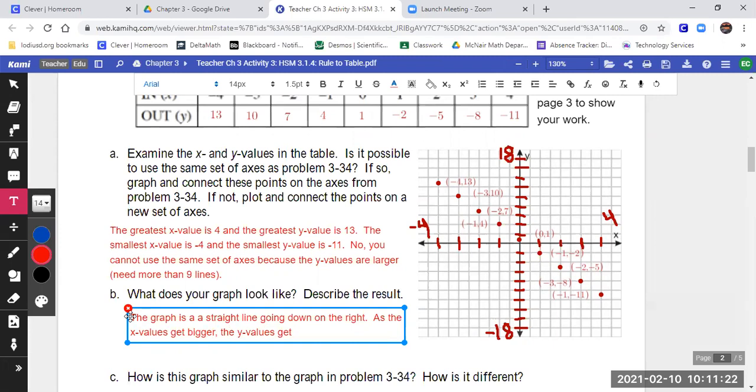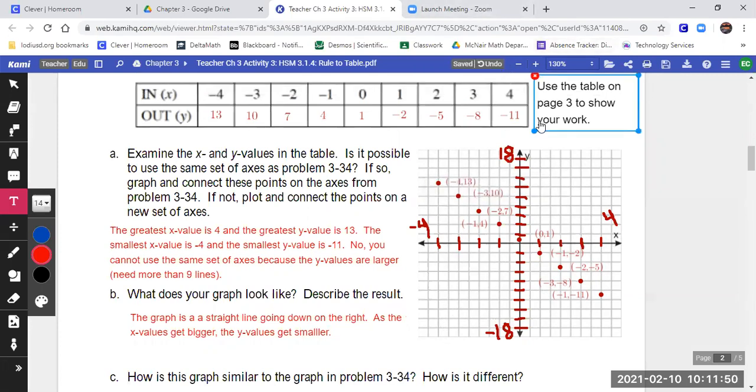What are the Y's doing as the X is getting bigger? Are the Y's getting bigger too? No, they get smaller. Okay, turn in the worksheet.